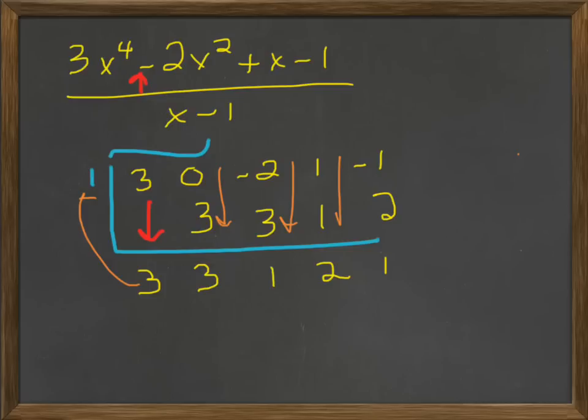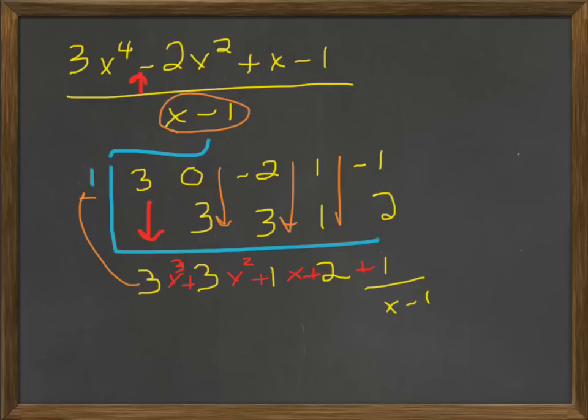Because we have divided by x minus 1, the exponent is going to decrease by 1. So this is going to give us x to the third plus x squared plus x plus 2. And then finally, the 1 at the end is actually going to be a remainder, so we have 1 over x minus 1.